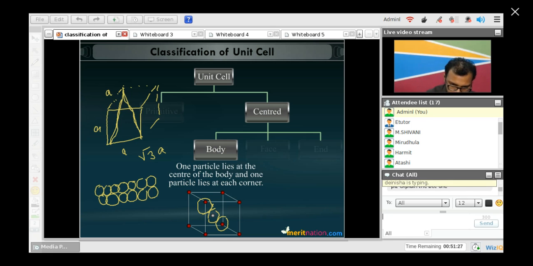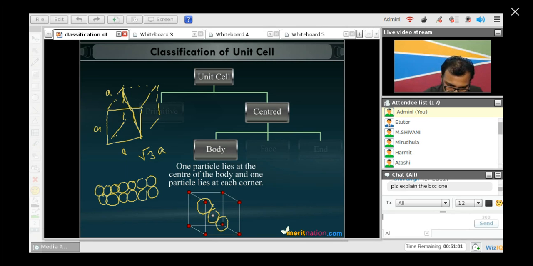So you can calculate the length of the body diagonal. Let's say this is the cell. How can I do that? I'm just showing you. Now I'm drawing the face diagonal here.